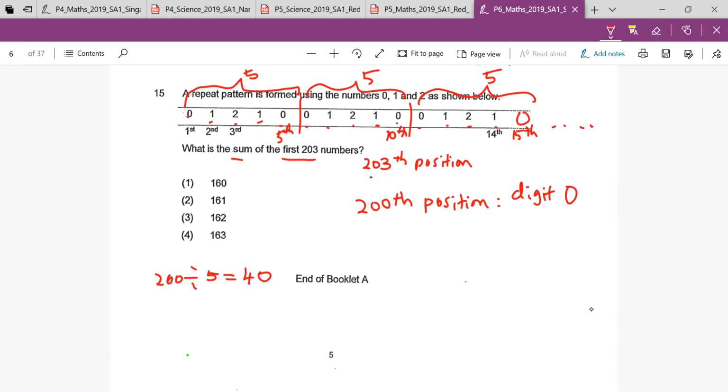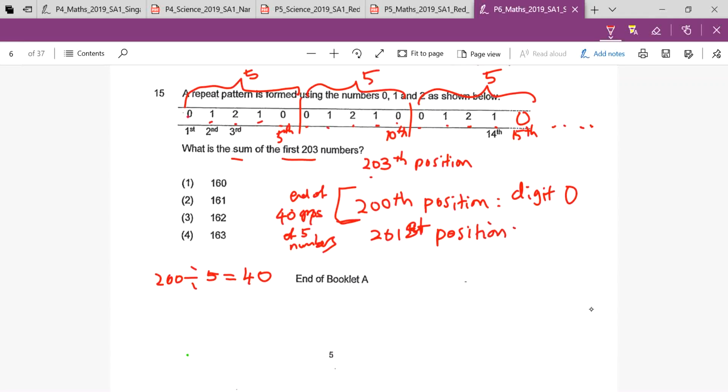So this is essentially the end of group 40, or rather 40 groups of 5 numbers, okay, that we see here. Alright, then the next number will be what? It will be at the 201st position.